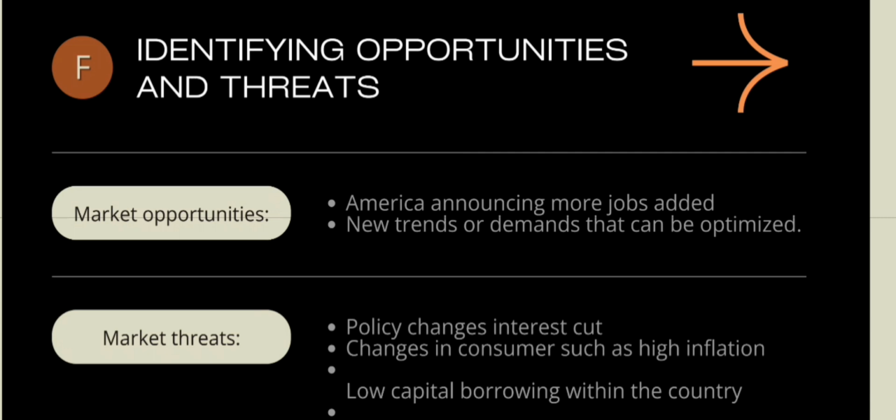So new trends or demands that can be optimized. New trends, of course, come from these fundamental news, and they provide opportunities for us to also use in terms of if we get also a good setup and we know the market's trend and its condition, it also gives us confidence.